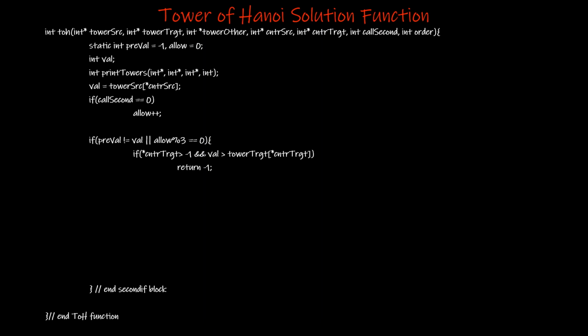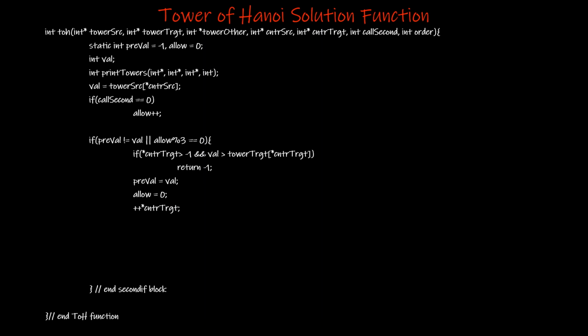Next, we set previous val equal to val. That means we have now allowed the transfer to proceed. So we are setting the previous value disk to the new value, the current value disk. We set allow back to 0. And then we increment the target location.